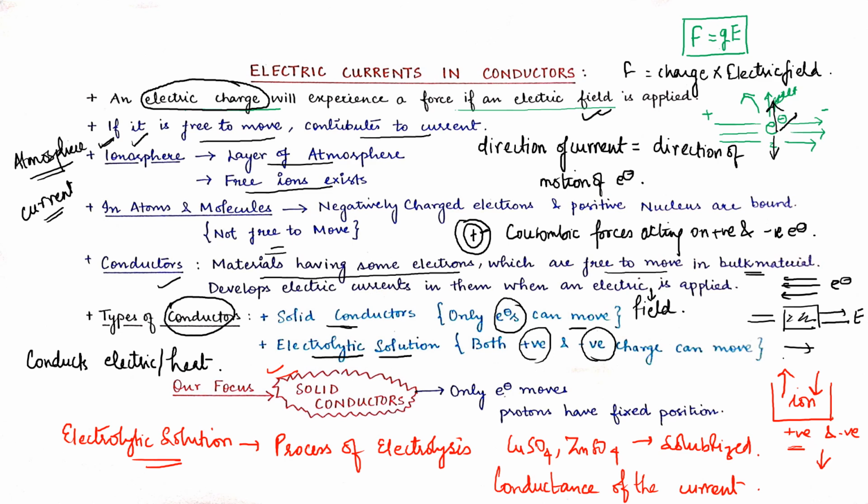So physics deals with all these electronic items where the solid is the main focus. We will be dealing with solid conductors where only the electrons can move, and the protons are having a fixed position. So whatever laws we will be reading, resistivity, resistance, conductance, conductivity, everything will be only and only for the solid conductors.